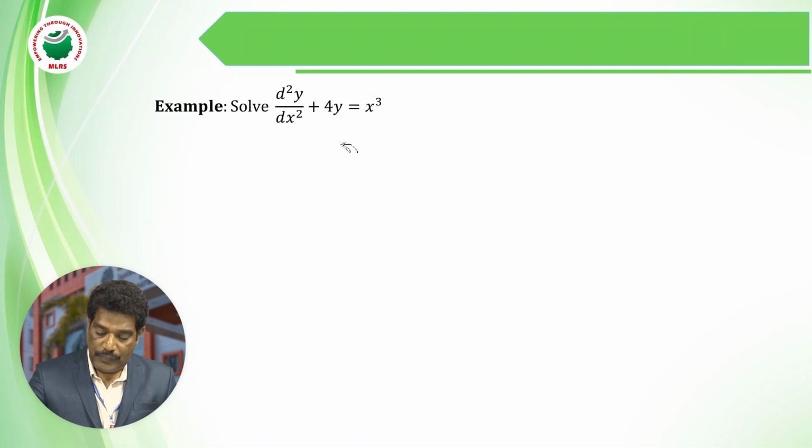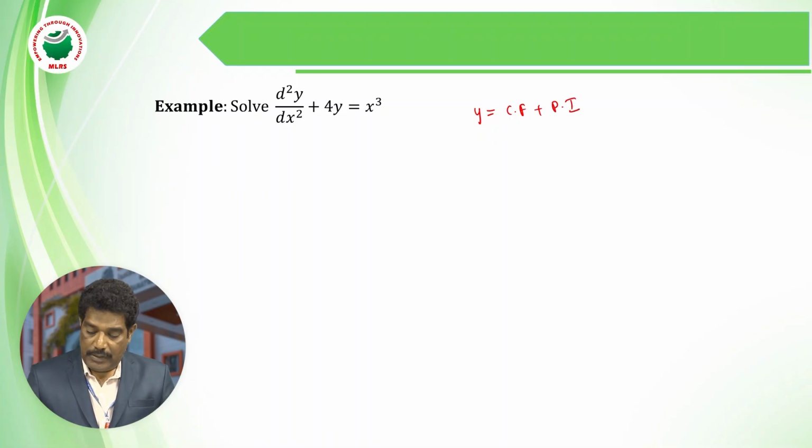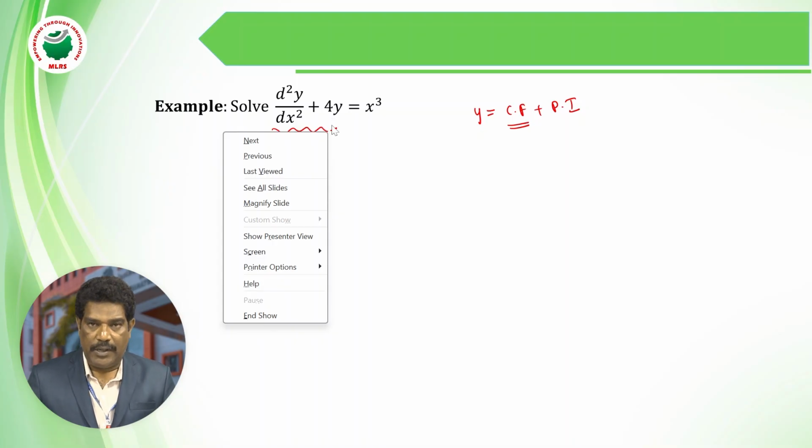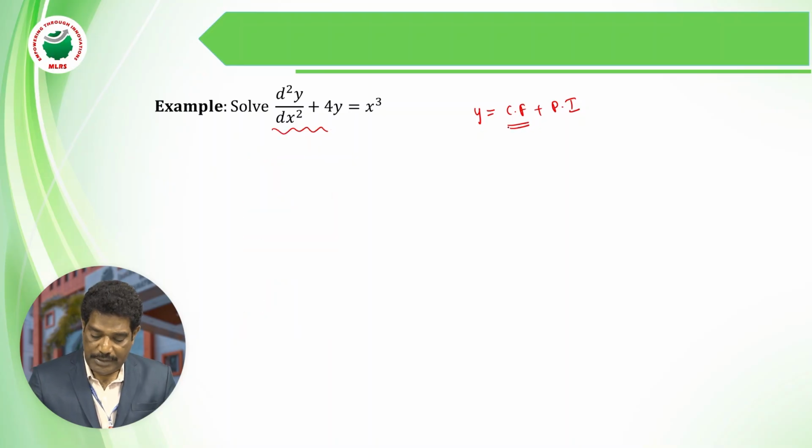So how do we find the solution for this? We already know the general solution of this type of equation is y equals complementary function plus particular integral. The complementary function is the solution for the left side part of the differential equation, and similarly the PI is the solution for the right side part.